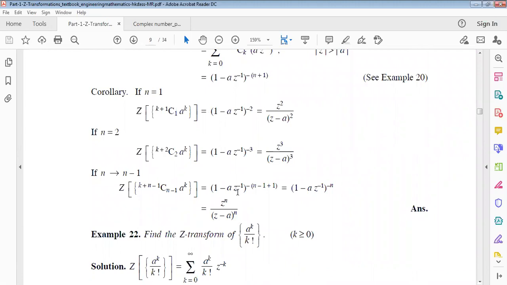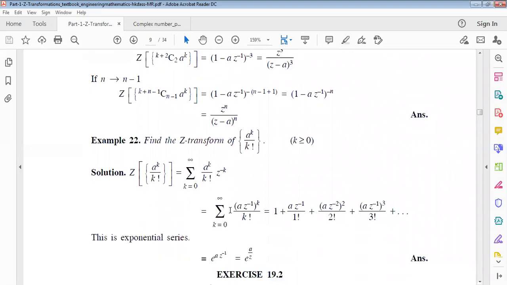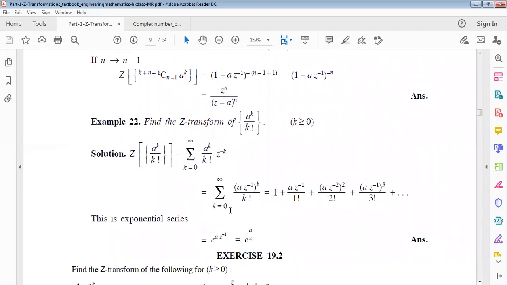That means there are 3 types of results for different n. For n equals 1, this one. For n equals 2, this one. For n equals 3, this one. This is example 22. Very, very small example and easy also. Just putting the definition and writing the series, we get the required result.